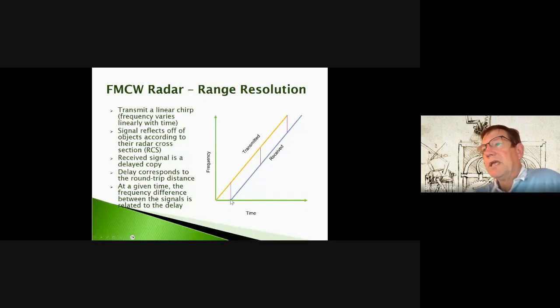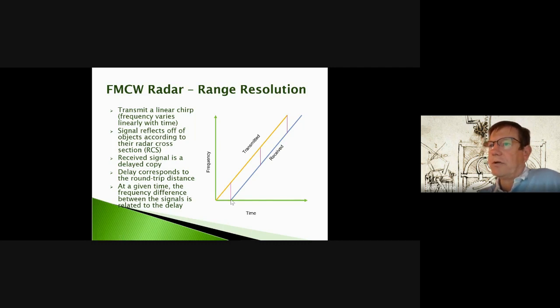You know, until we get a receive signal back, not much is happening, right? But once this receive signal comes back, you see that it's shifted in time as we would expect. It takes some finite amount of time for that signal to go out and come back, right? But when it does, this signal, when it first starts to be received, is at its lowest frequency.